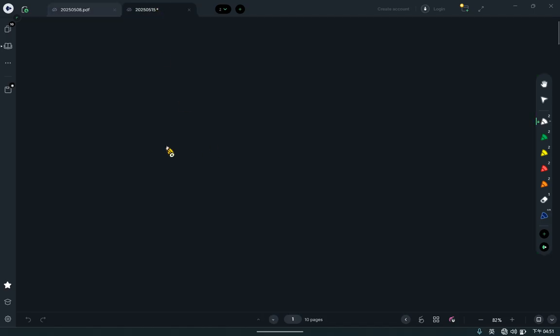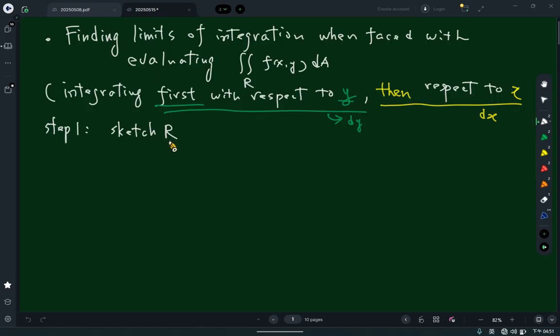So you need to sketch R first. So for example, normally they will describe what R is.